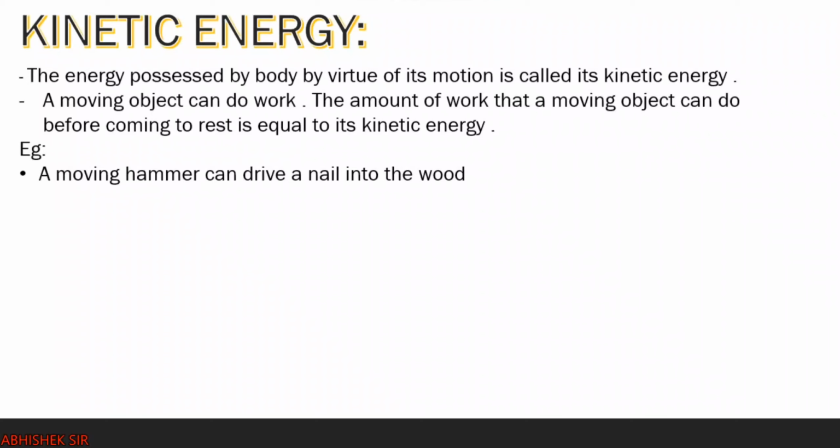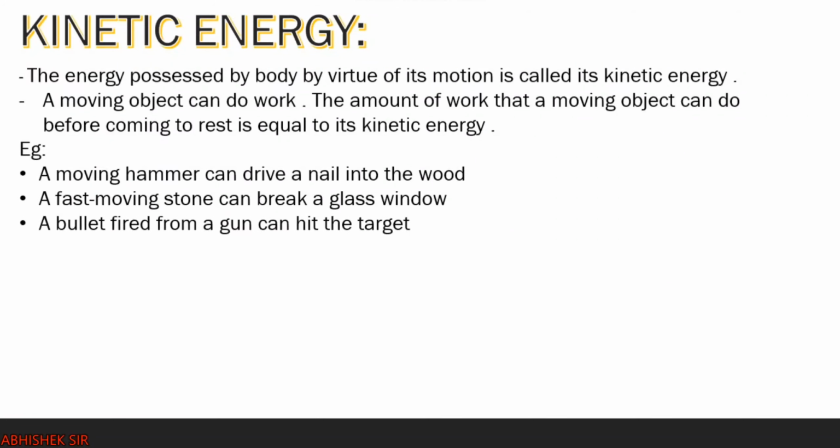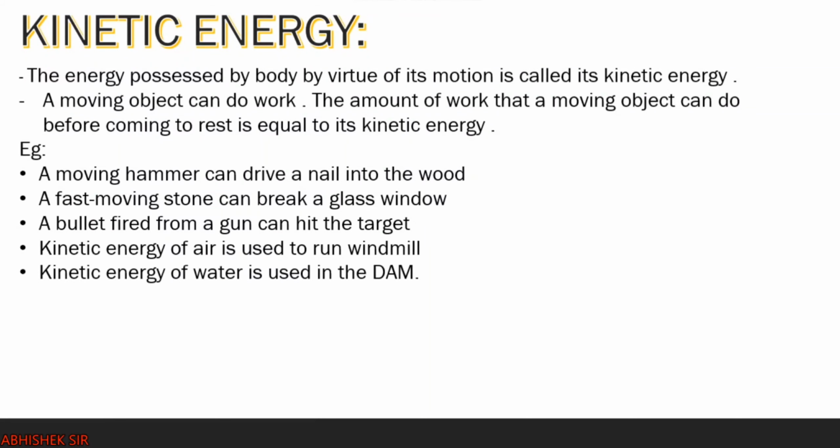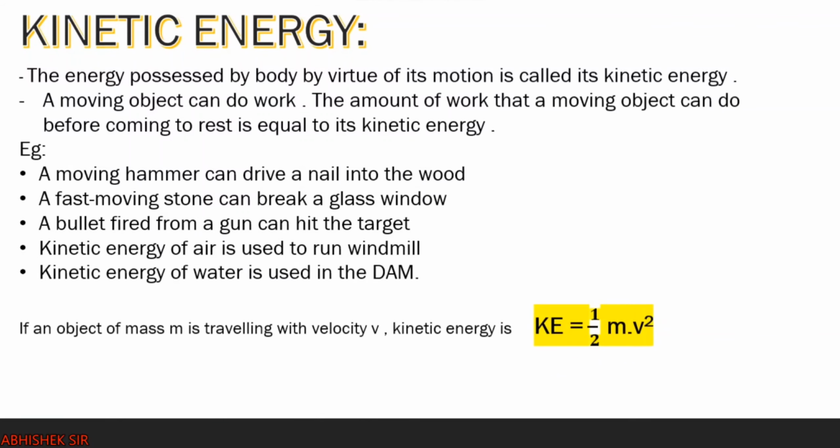For example, a moving hammer can drive a nail into the wood, a fast moving stone can break a glass window, a bullet fired from a gun can hit the target, kinetic energy of air is used to run a windmill, and kinetic energy of water is used in a dam to produce electricity. So kinetic energy, the energy of a moving object, is very important.